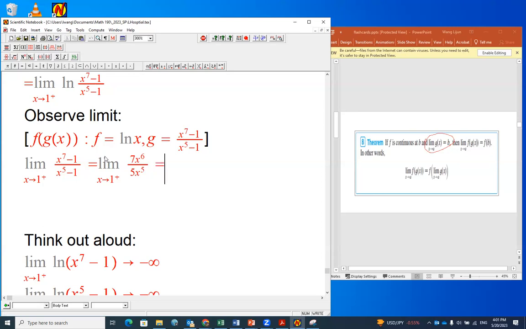Wait, x to the power, oh, this is a 4, sorry. Okay, this is a 4. So now when we reduce this function, we have 7 over 5 x squared.